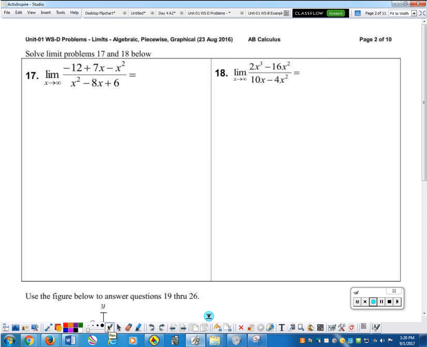If you let this grow forever, when this gets big enough, you won't notice that these two terms are being added to that term. It will dominate. It's the highest power term. So I just say equals limit. I must include the negative. That's important. X approaching infinity.